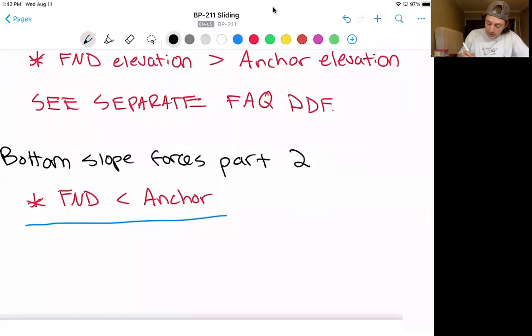And what that would look like is if we have a foundation slightly below our anchor, sometimes we will keep a horizontal bottom of that ramp wall.